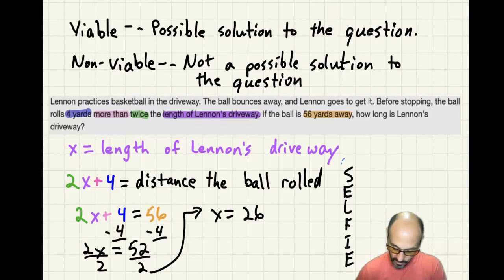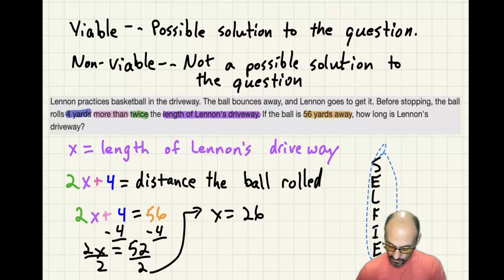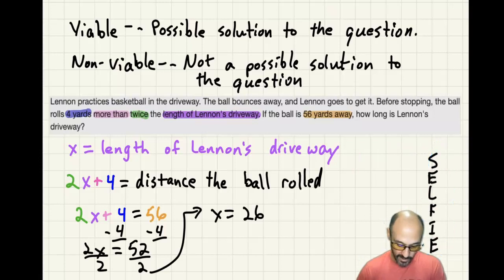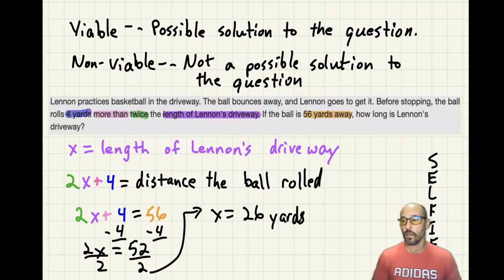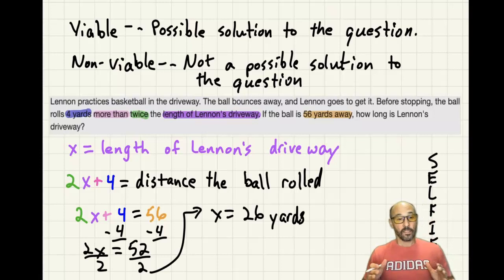So that's the I of SELFIE. So what does that mean? It means, remember, x is the length of Lennon's driveway. X is equal to 26 yards. So that's the units of Lennon's driveway. And the last thing we do is we want to explain.